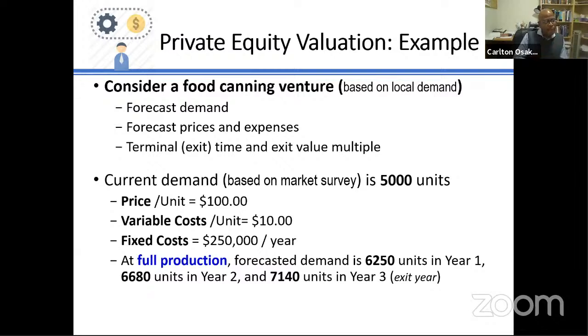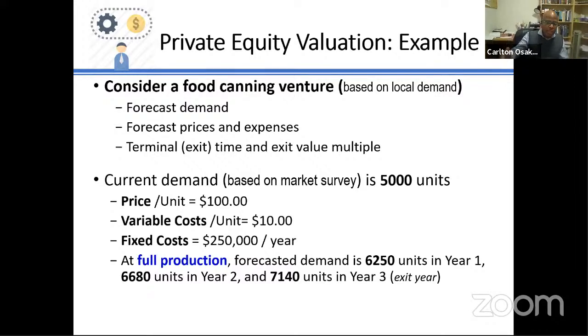Now, at full production, the firm has forecasted that next year the demand for their product will be 6,250 units. In year 2, it will be 6,680 units. And in year 3, it will be 7,140 units.